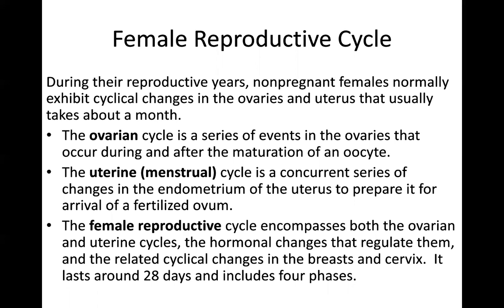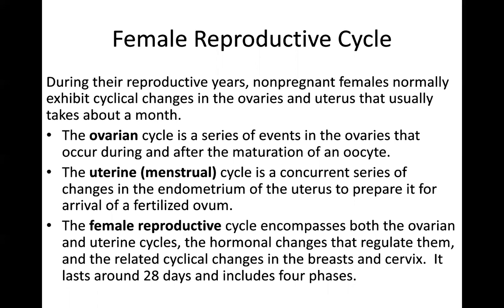During their reproductive years, in other words from puberty until menopause, non-pregnant females normally exhibit cyclical changes in their ovaries and their uterus, usually taking about a month, right around 28 days. We can talk about things specific to the ovaries. We call that the ovarian cycle, a series of events in the ovaries occurring during and after maturation of the oocyte.